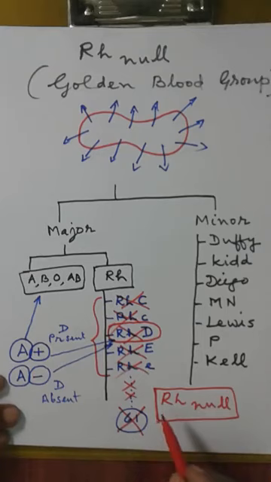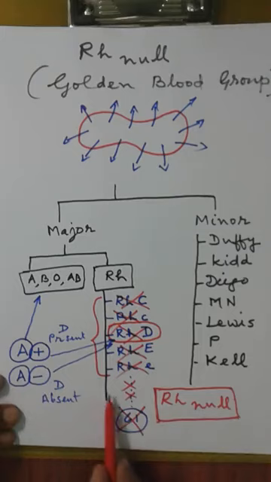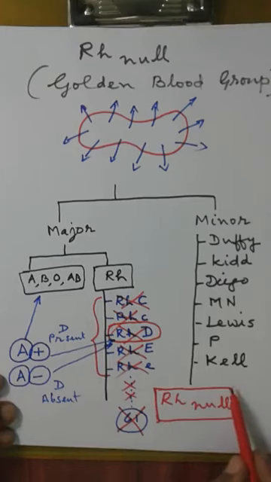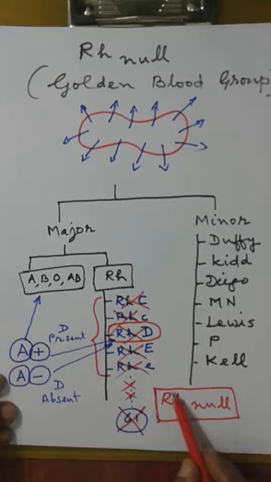But at the same time, if this RH null person requires blood, other people cannot supply it, because there will be agglutination and clumping and complications, and it may end in fatal incidents.